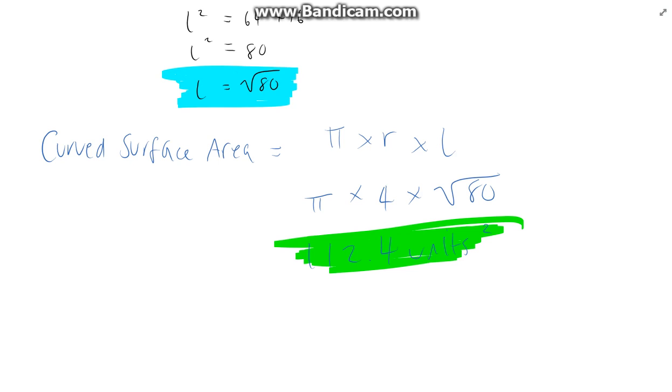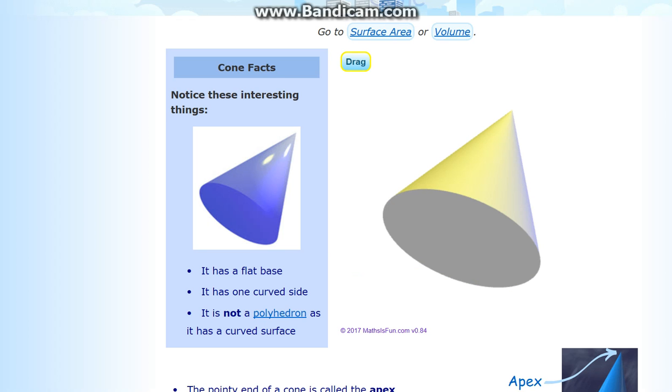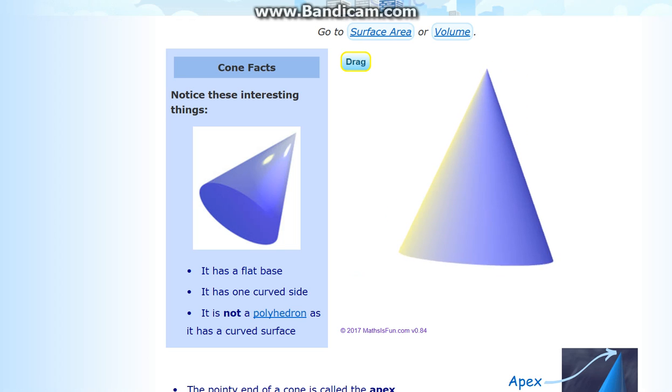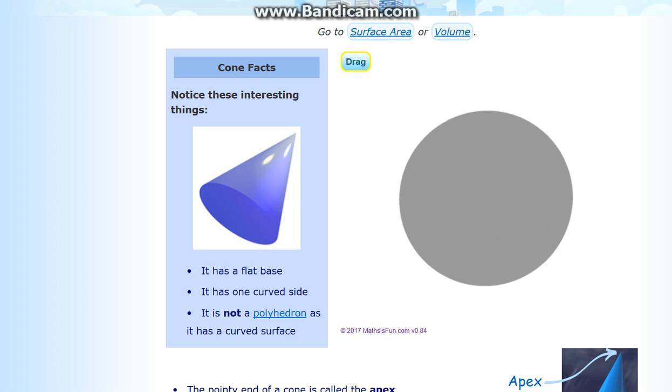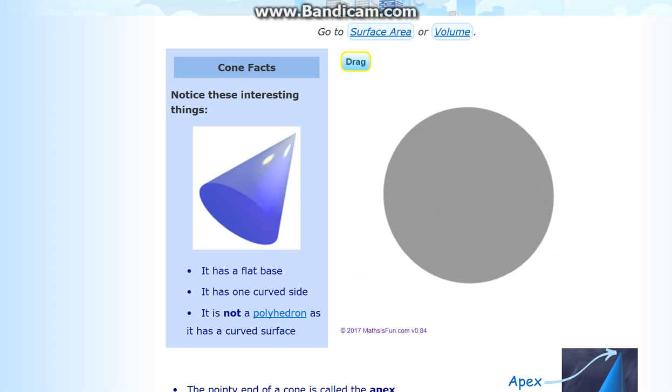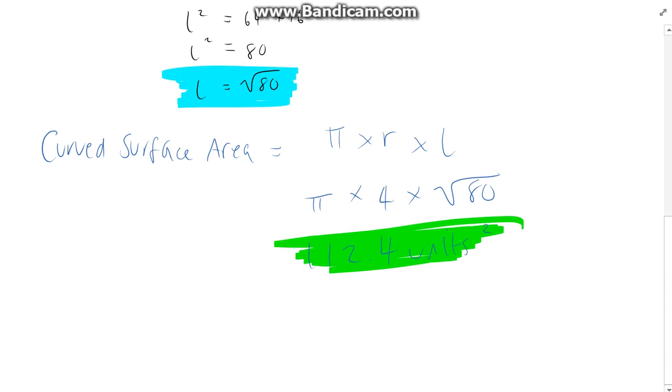If we want to think about the total surface area, we have all the curved surface area, all that part up there, and we've excluded the base. As you can see, the base is a circle. So in order to find the total surface area, you're going to have to add on a circle to your formula.